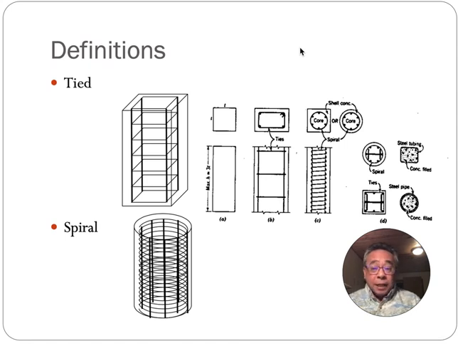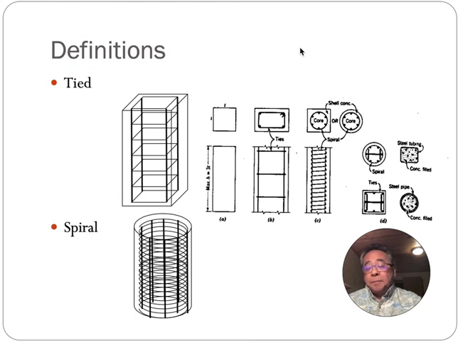So instead of 4,000, you might have 8,000 psi strength on the inside confined. And that additional strength inside offsets the amount of area you lose on the outside.